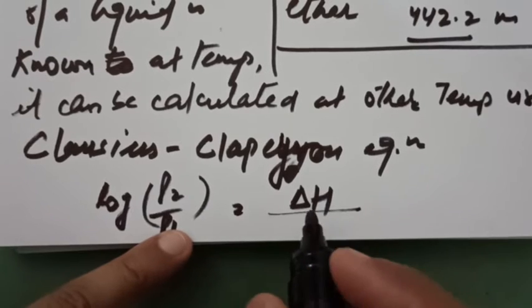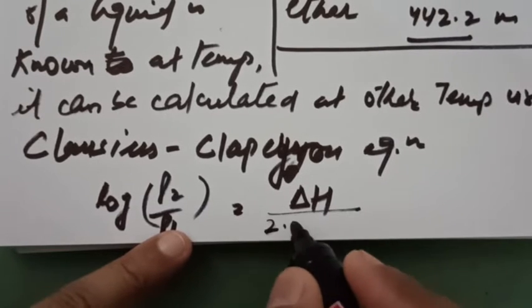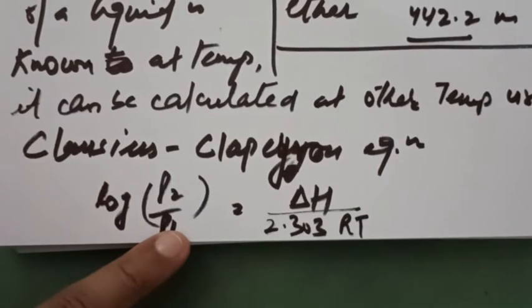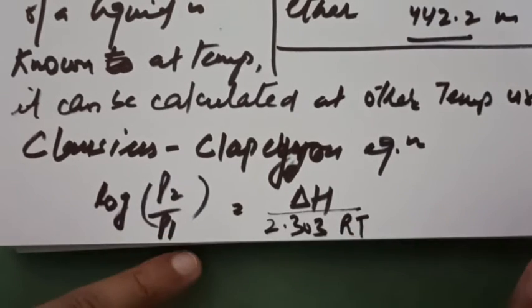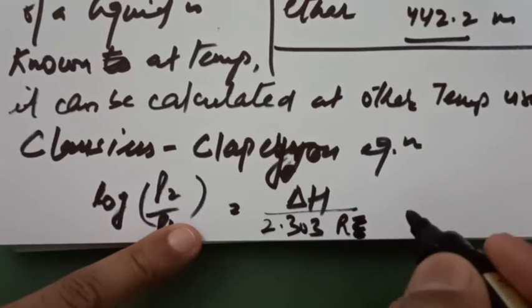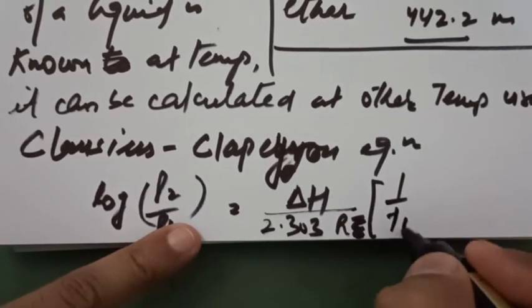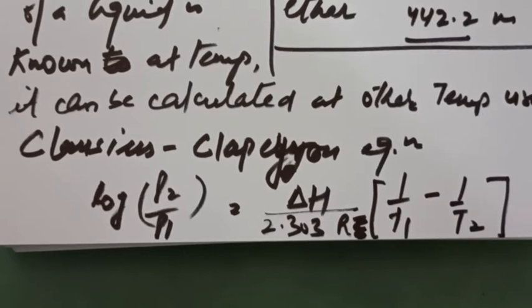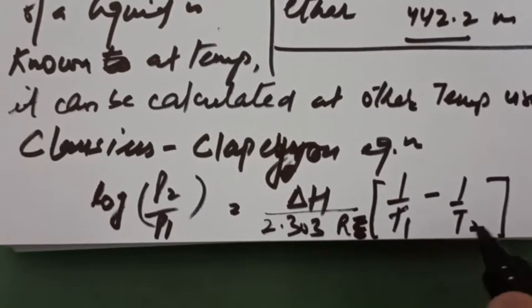We have done it in the +1 class also. Divided by 2.303 R, where R is the gas constant, times T1 minus T2, the first temperature and the second temperature that are given.